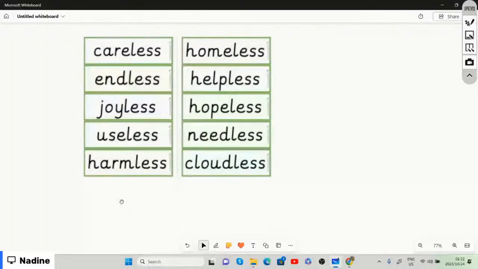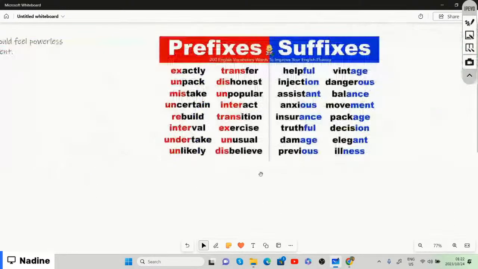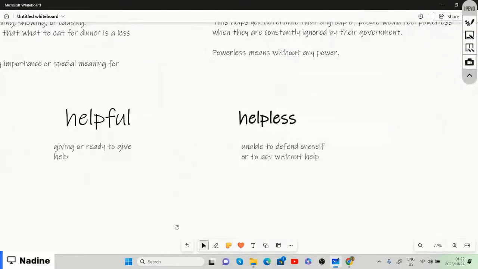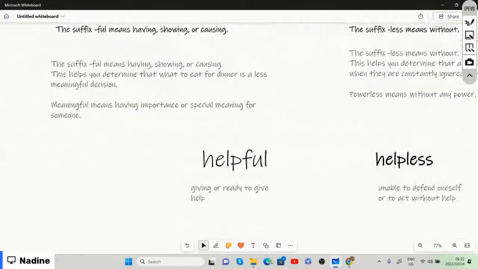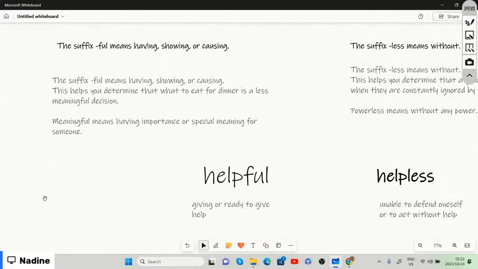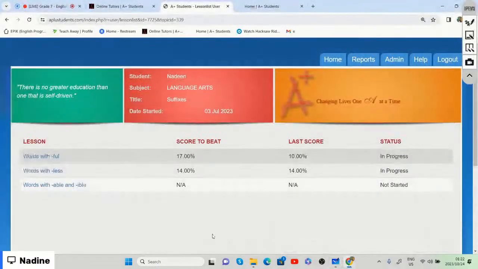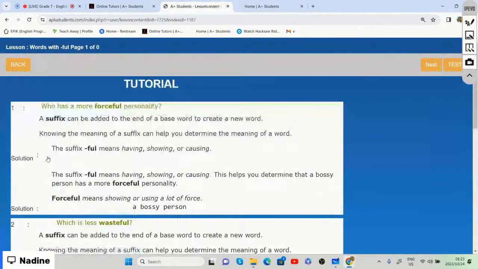All right, so now we're going to A plus students.ca, and we're going to the first lesson, which is words with full. And we see the suffix can be added to the end of a base word to create a new word.